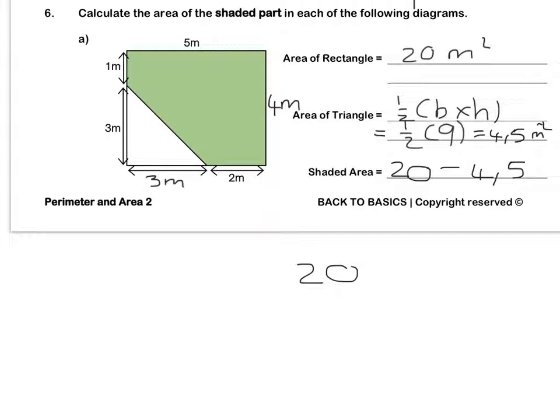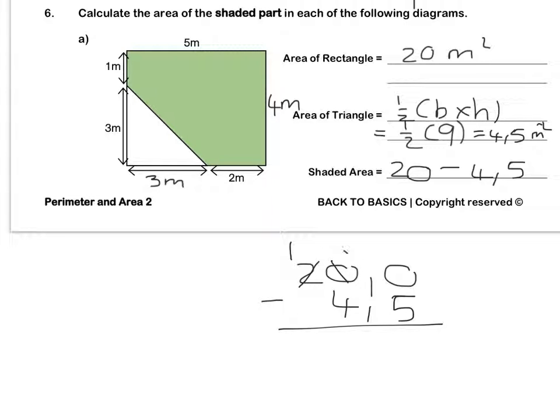We have 20 put in a decimal place minus 4,5. The 4 belongs in the units column, so we put it in there, comma, and the 5 belongs in the tenths column. Now we do our minus as usual. 0 minus 5 we can't do. We have to borrow from the 2, which becomes 1.